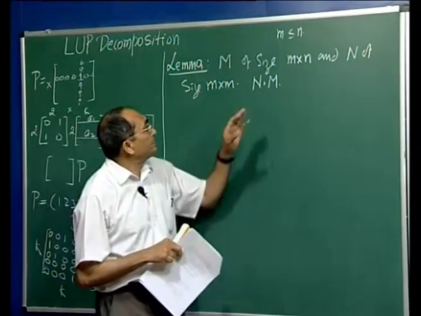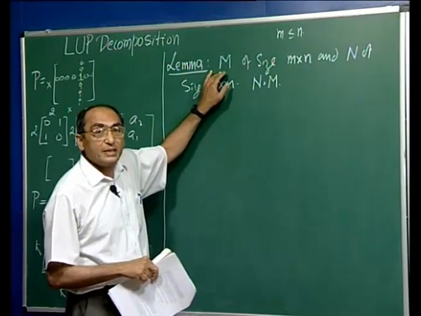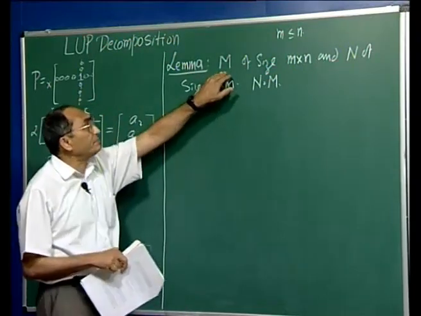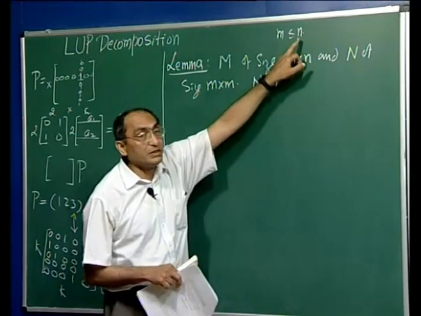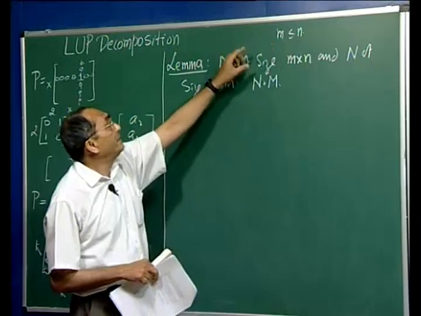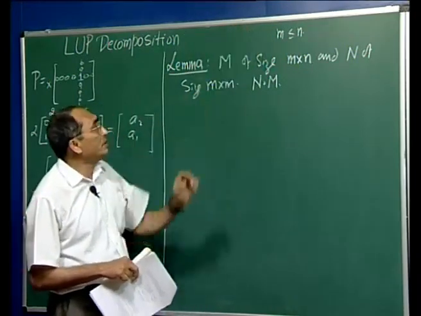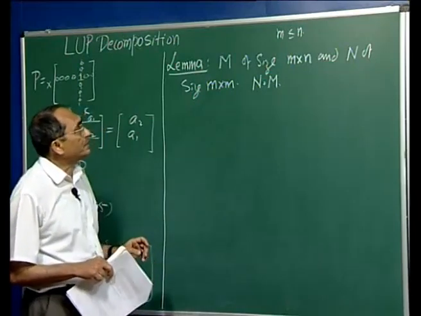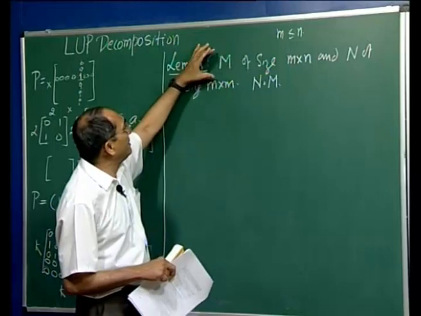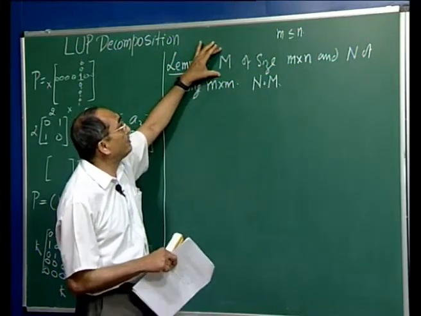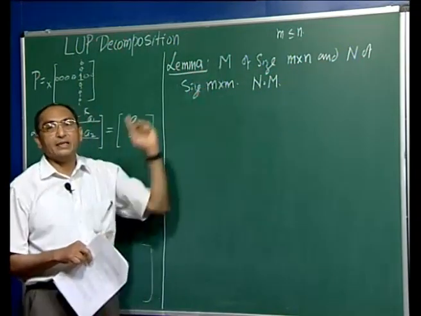Assume that the matrix M is full rank. What does that mean? It means that when m is less than or equal to n, there is a submatrix of size m cross m which is non-singular, and that is equivalent to the fact that in this m cross n matrix the rows are linearly independent.